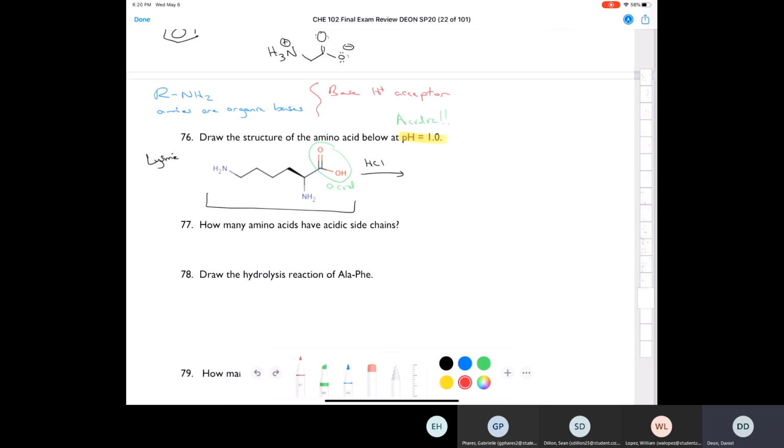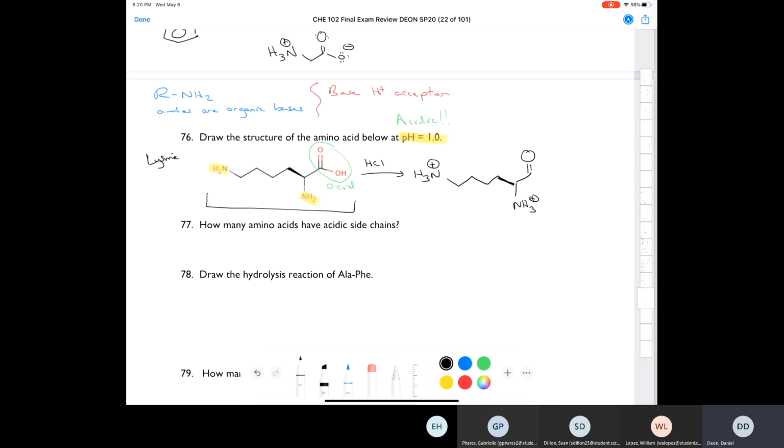So that means these two amino groups can both take on an extra proton in a strongly acidic environment. Instead of being just NH2, they're going to protonate to be NH3 plus.